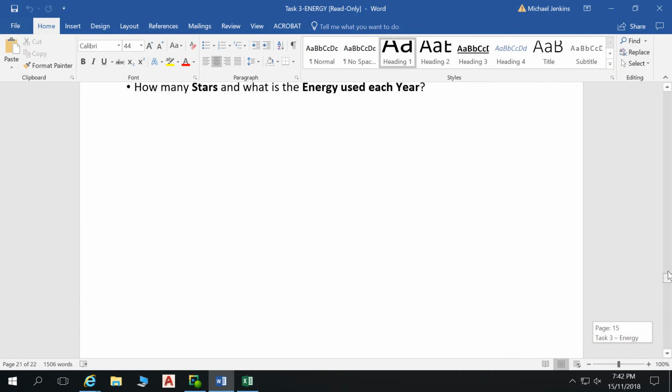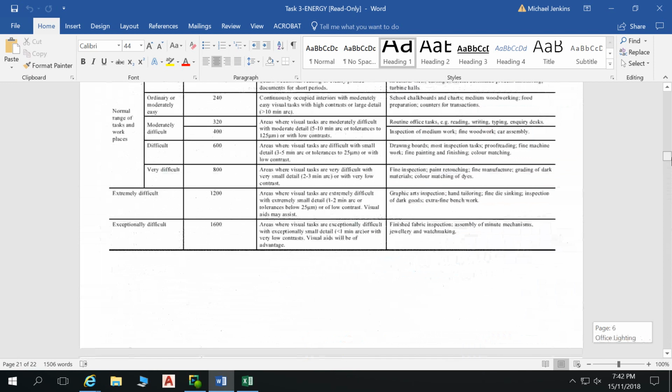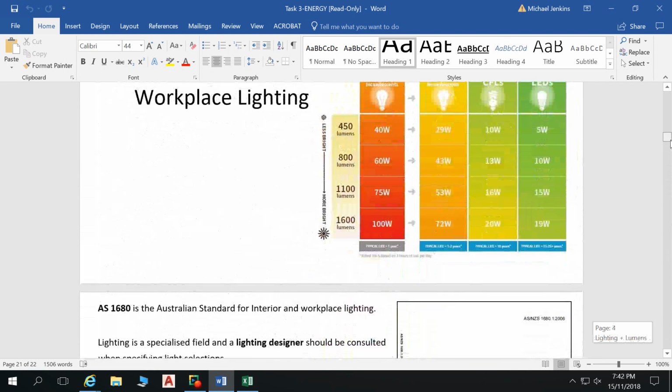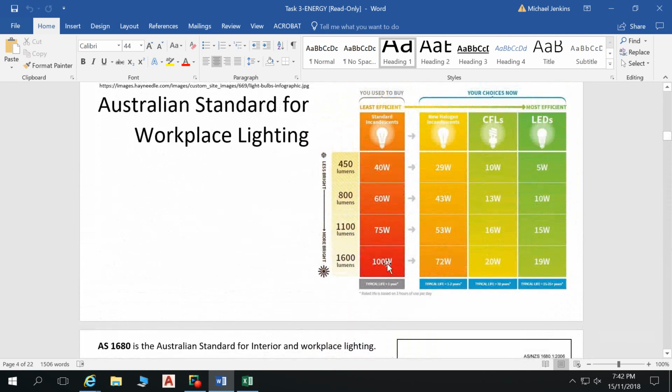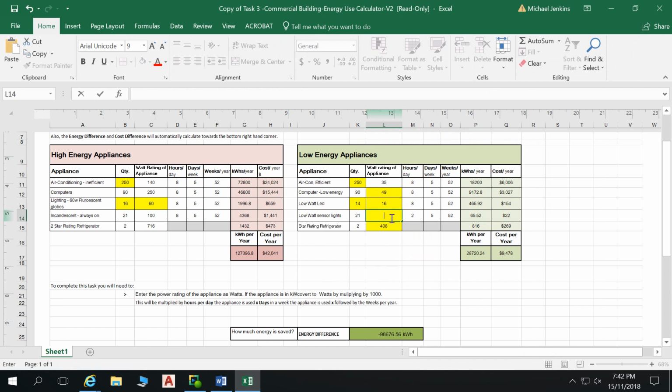So having a look back at our table up here, we've got our 100-watt globe that was producing 1600 lumens. We can get a 19-watt LED to produce 1600 lumens. So just for the purposes of this, we'll put in 19 watts there.